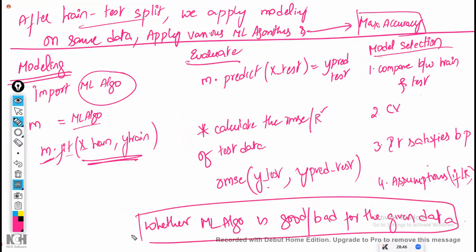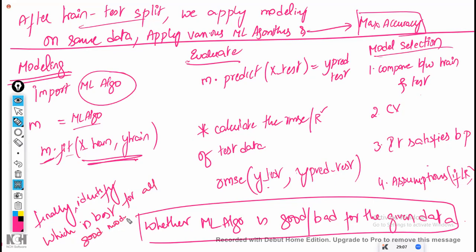Once this is completed for each and every algorithm, finally, identify which is best from all the good models. From all the good models, identify the best one. Good is different, best is different.